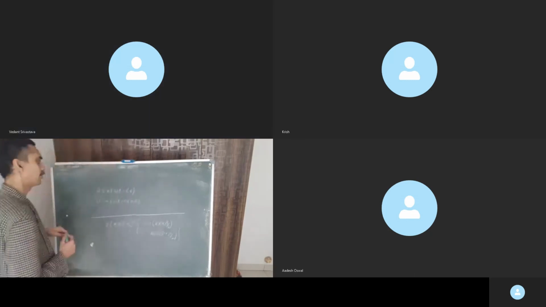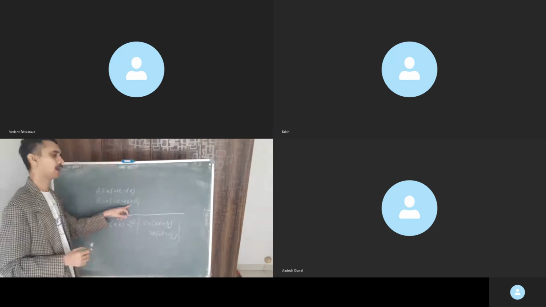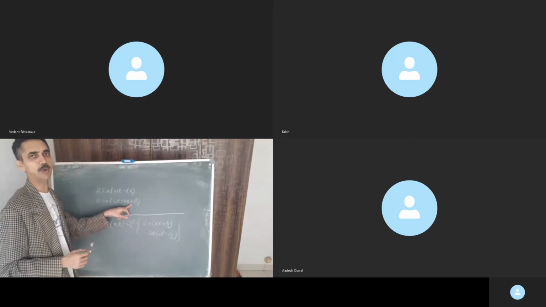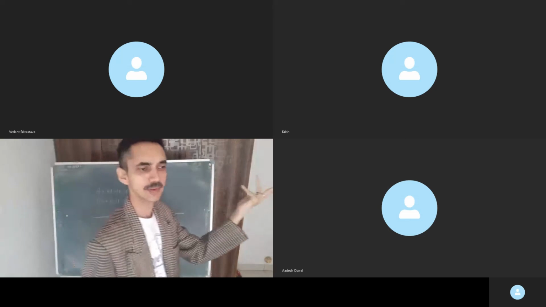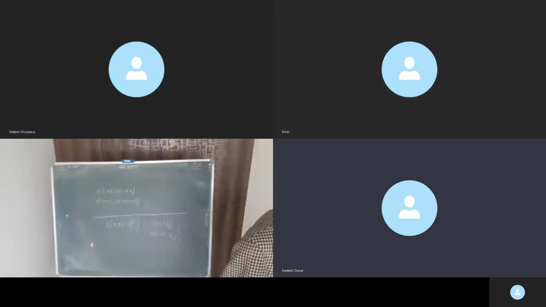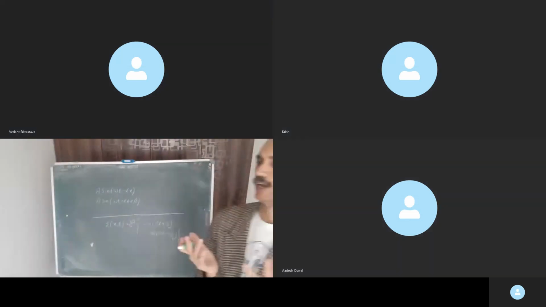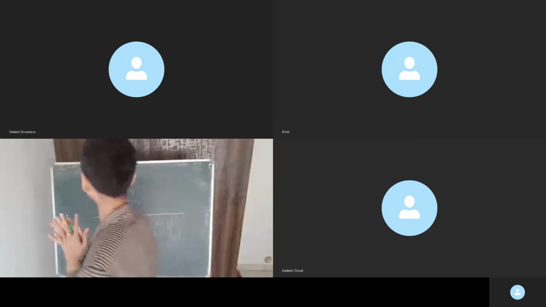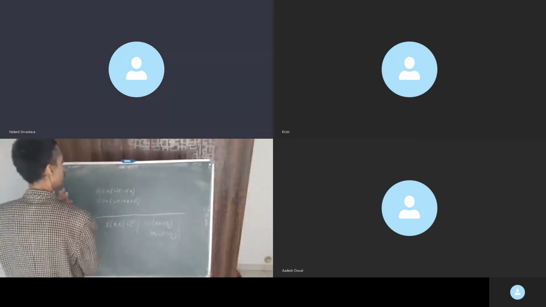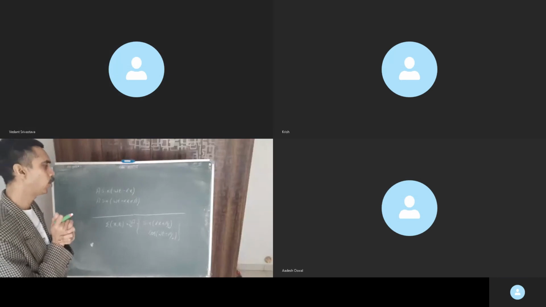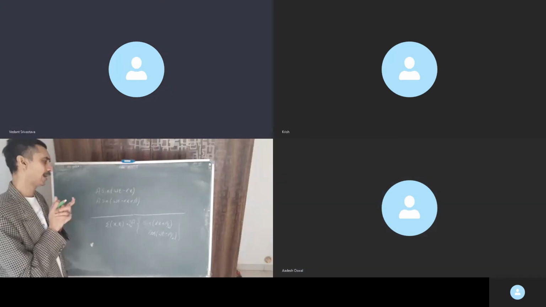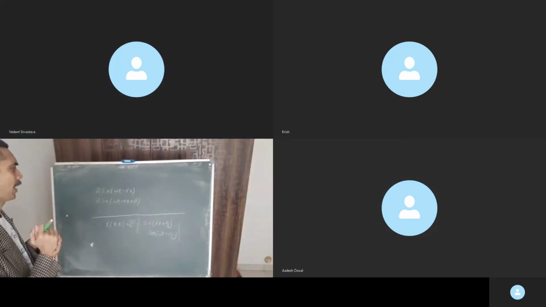Because one may say, I will not take beta associated with the second wave, I'll take it with the first one, right? So I'm taking all the possibilities in my foray. Therefore, what we end up getting is 2a sine kx plus minus beta by 2 cos of the angle omega t plus minus beta by 2.